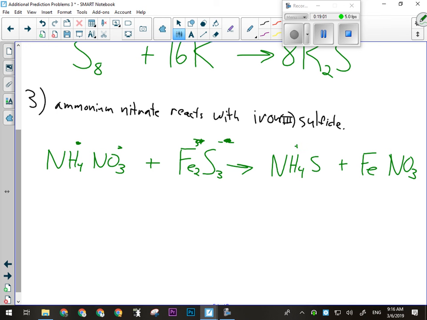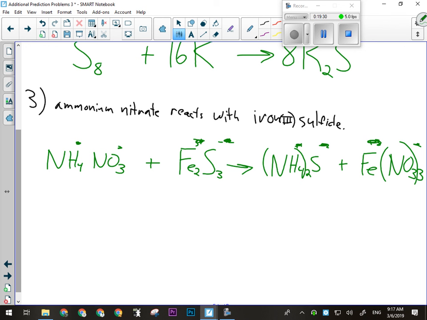Ammonium's a +1, sulfur's a -2, so I'm going to put brackets around the ammonium with a 2 outside the brackets. Iron, we found out, was a +3 from the name. Nitrate's a -1. So I'm going to need brackets with a 3 outside the brackets.